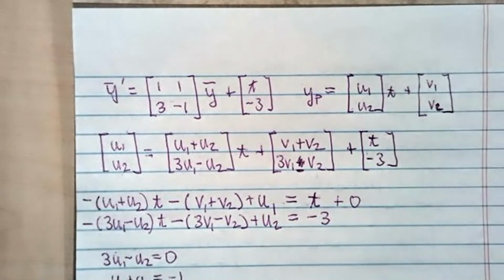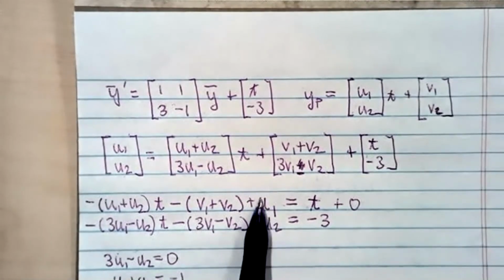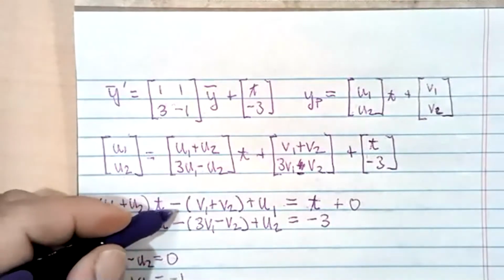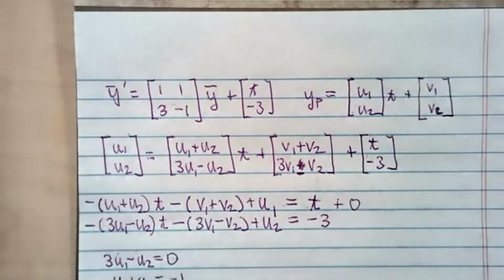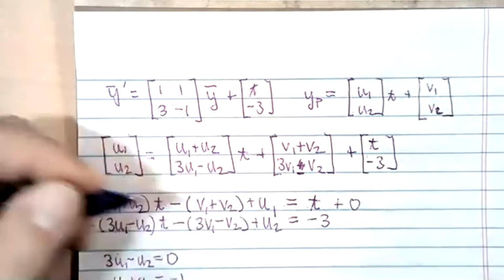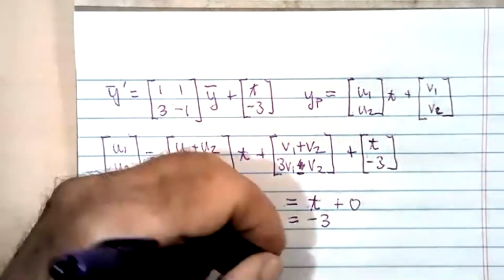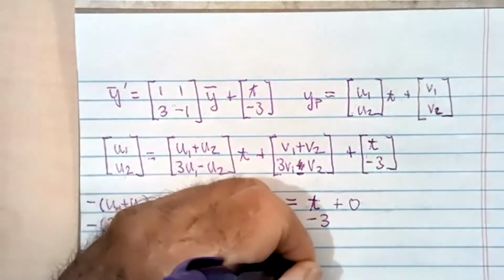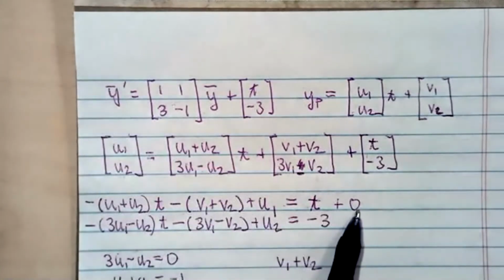How about v1 and v2? Well, let's see. We have u1 and u2 sitting there. So how about this then? Let's write it this way. v1 plus v2, I know that this whole thing sums up to 0.